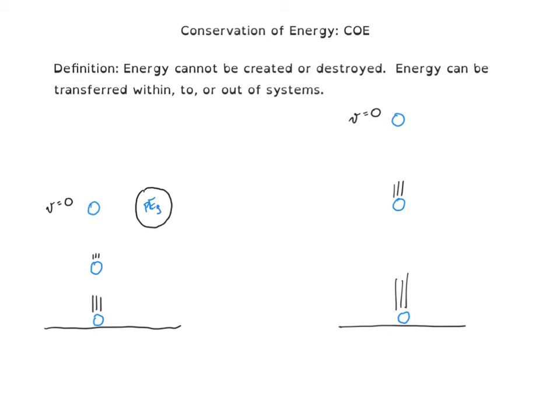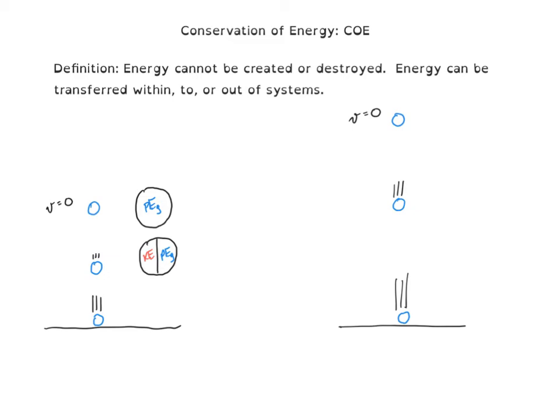Now, as this thing begins to fall, what's happening? Some of this gravitational potential energy is being transferred into the kinetic energy account. Because that ball starts moving, some of this gravitational potential energy that we started with is transferred to the kinetic energy account. So halfway down, my pie chart is going to be roughly half and half, where I'm seeing that some of that gravitational potential has been transferred to my kinetic account.